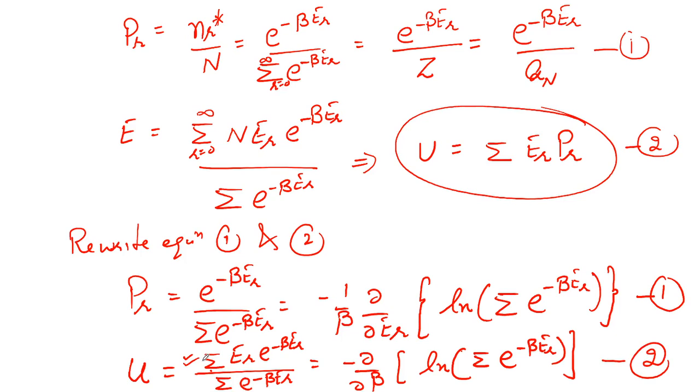So using equations 1 and 2, we can find the various thermodynamic parameters. First of all, we will find the Helmholtz free energy. These two equations become the recipe for extracting information from these microscopic properties.